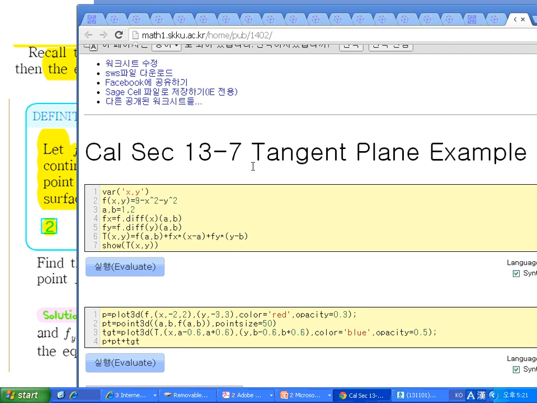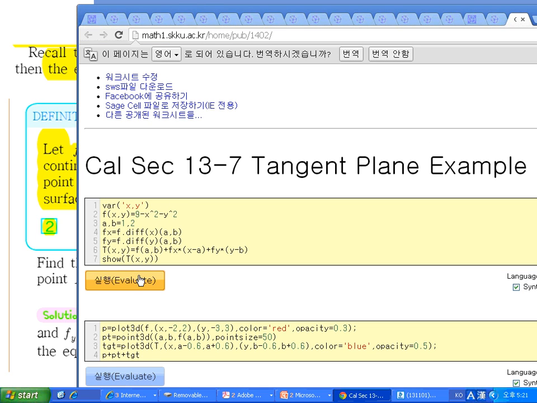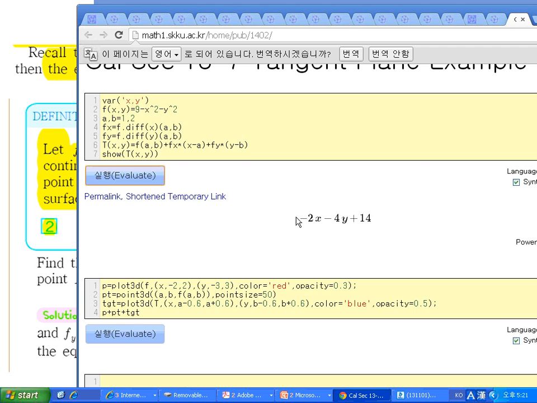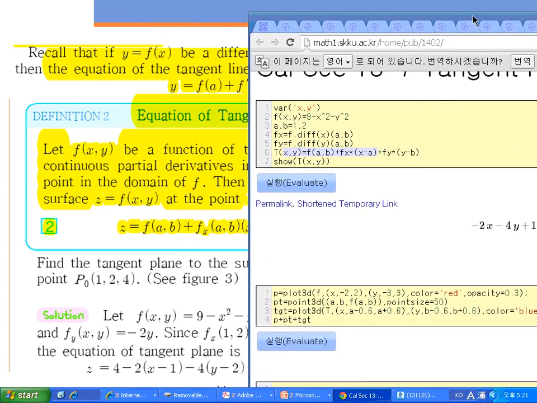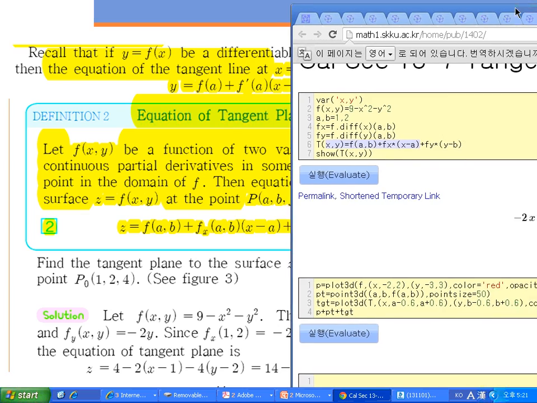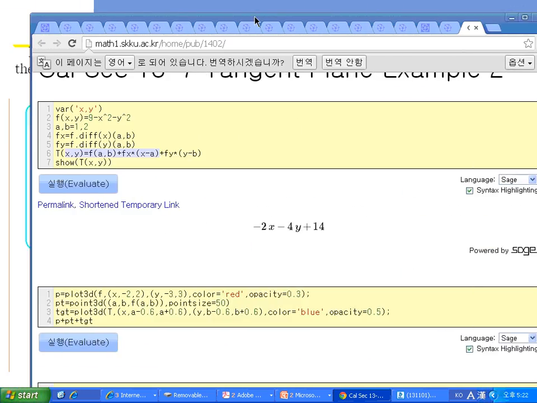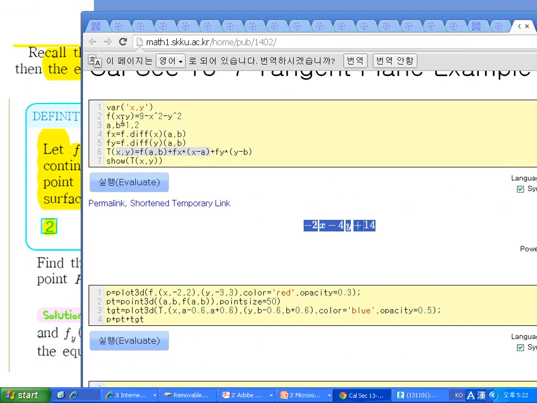So I made the code for that problem. This is the equation that we just checked here. Minus 14 minus 2x minus 4y is obtained in this way, as this equation is given and the partial derivatives are given, and I gave an equation for the tangent plane, which is obtained here.